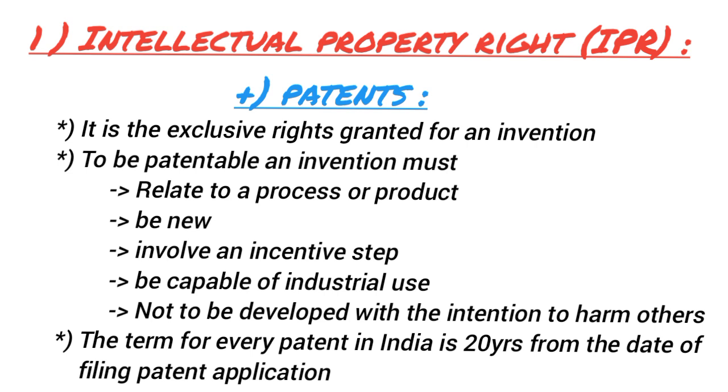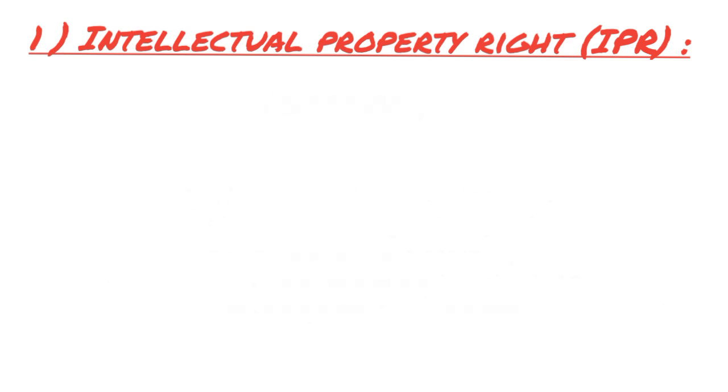To be patentable, an invention must relate to a process or product, be new, involve an inventive step, be capable of industrial use, and not be developed with the intention to harm others. The term for every patent in India is 20 years from the date of filing the patent application.